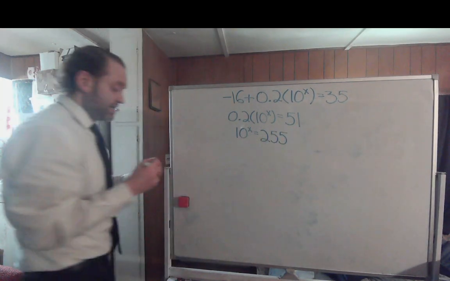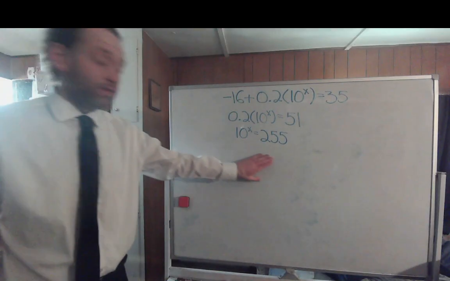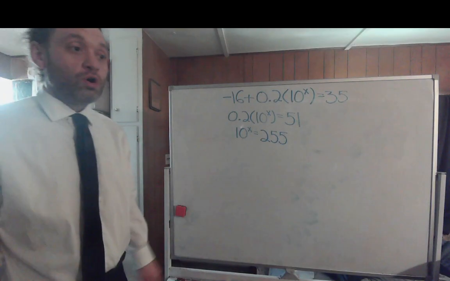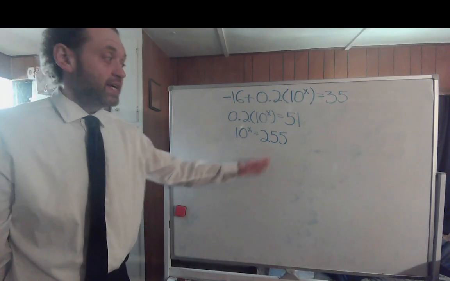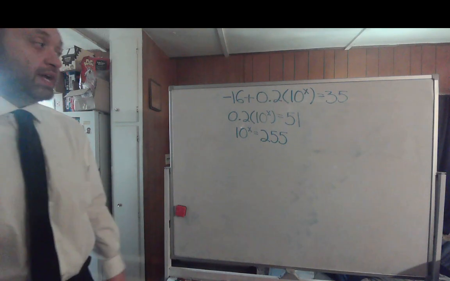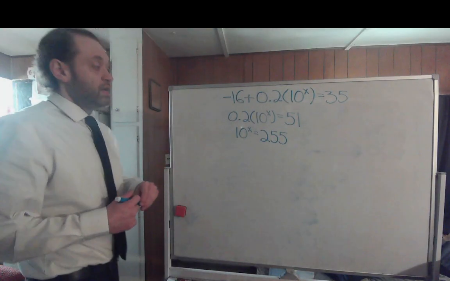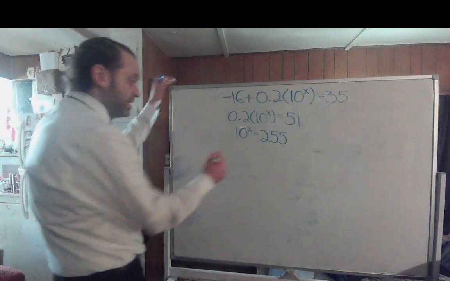So now you have 10 to the x equals 255. Okay, well, there's no whole number power that could relate 10 and 255, so we have a logarithmic thing we have to do. So to get x, we're going to have to take the log base 10.